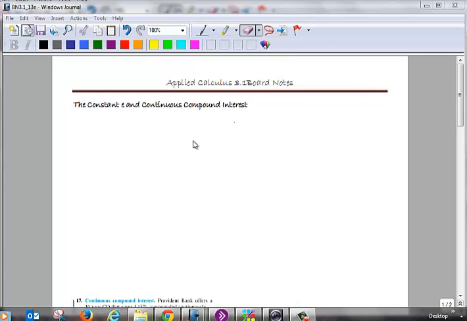Okay, I'm going to talk a little bit about section 3.1 in our textbook, which deals with the constant e and continuous compound interest.